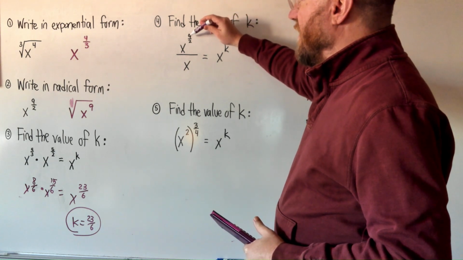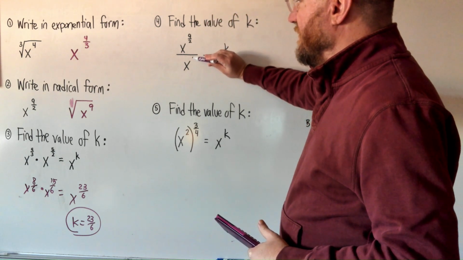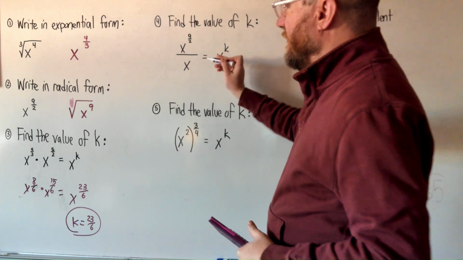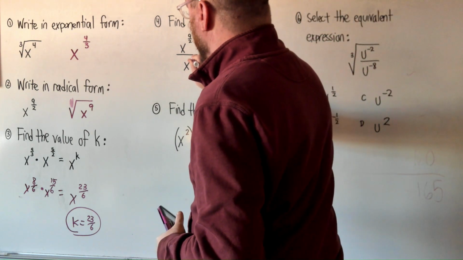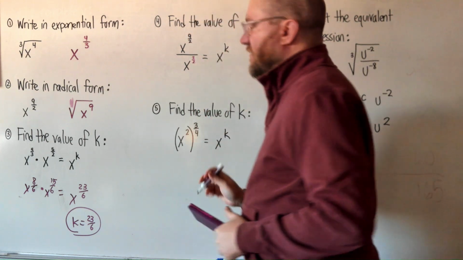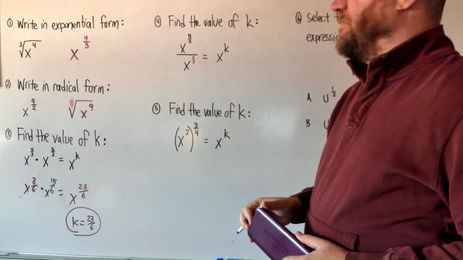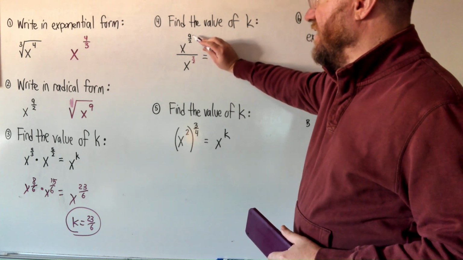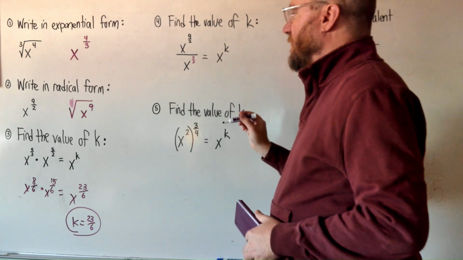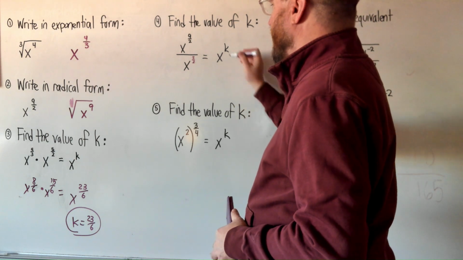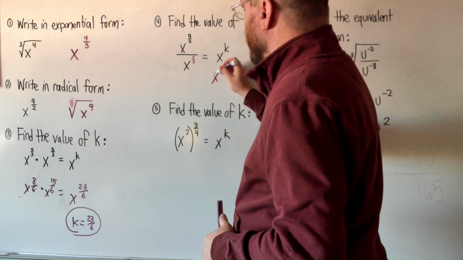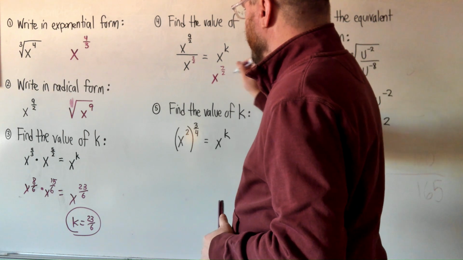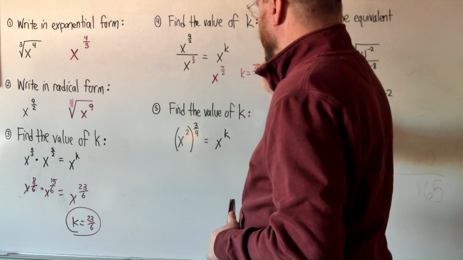So we're going to subtract 9/2 minus this exponent that's not written, which is a 1. But instead of writing 1, I'm going to write 2 over 2. That's equivalent to 1, and that would make things easier because now I can subtract with common denominators. So 9/2 minus 2/2 would be 7/2. So the answer to this is x to the 7/2. So k is equal to 7/2.